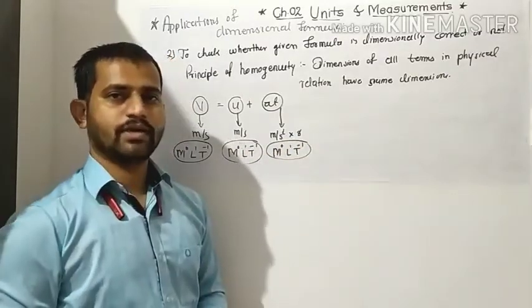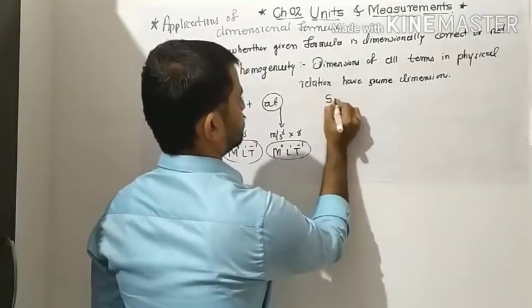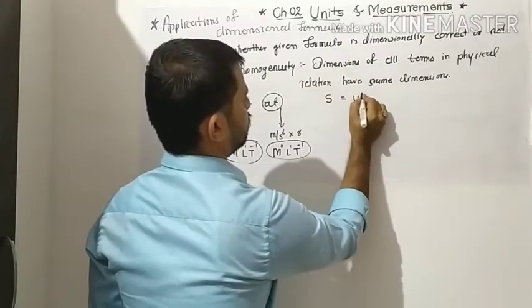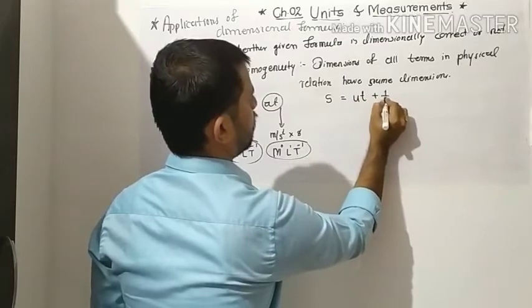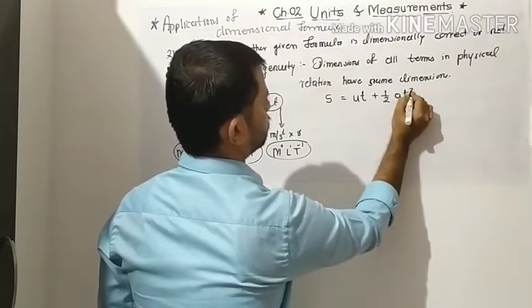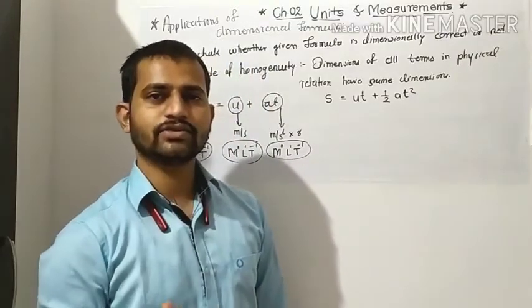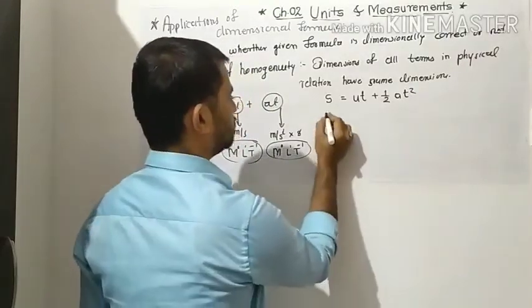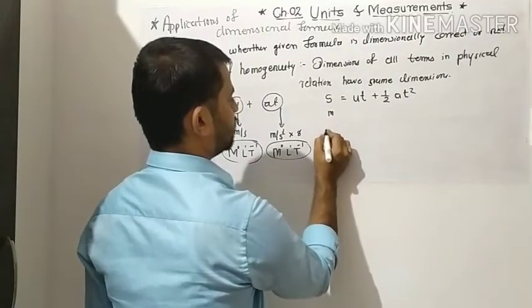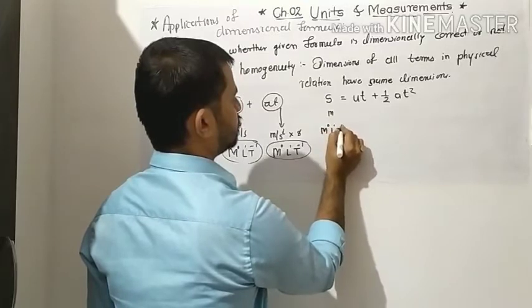You can see that whatever dimensional formula we get for each single term is always the same. Similarly, if we see the second equation, s is equal to ut plus 1/2 at square. What is s? It is the distance, so it is meter, M raised to 0, L raised to 1, T raised to 0.